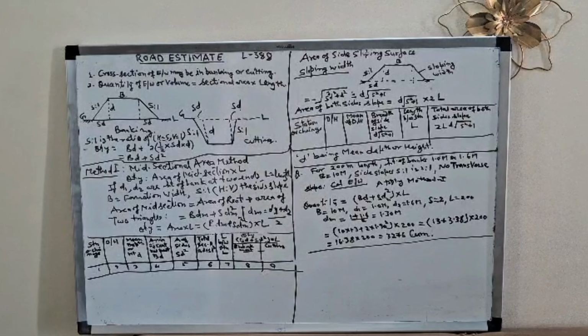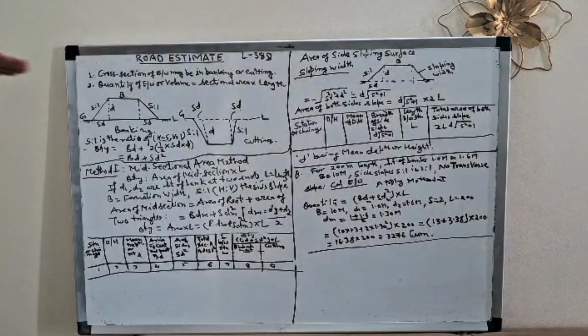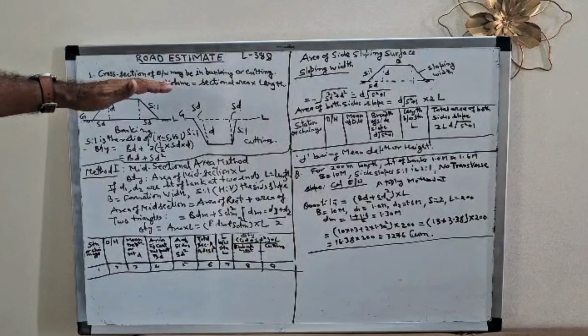In this lecture we try to visualize how the road estimate, that is the earthwork, can be evaluated. We have different methods. First of all, we try to understand what the cross-sectional area of earthwork is.